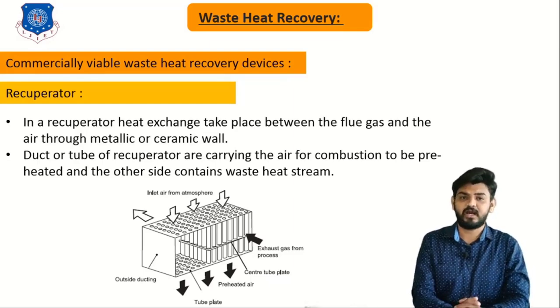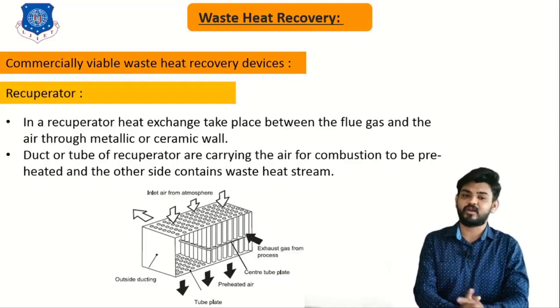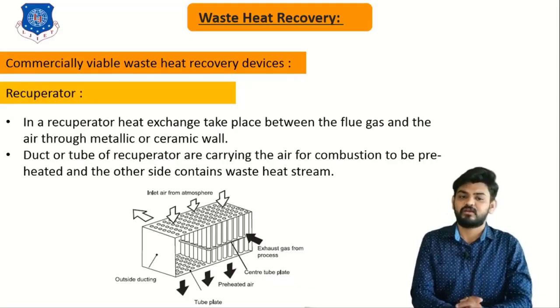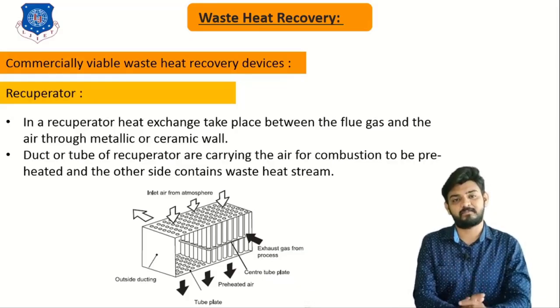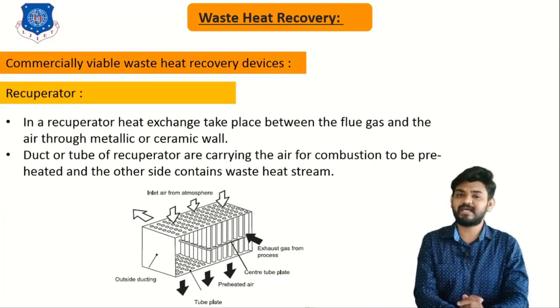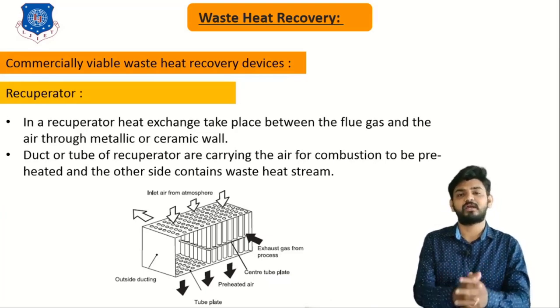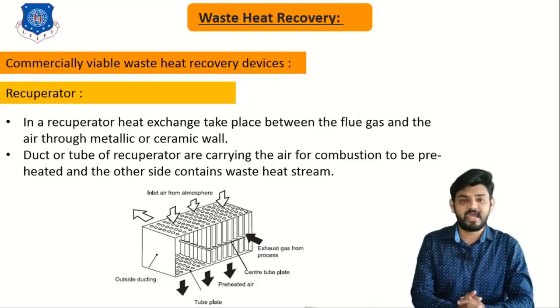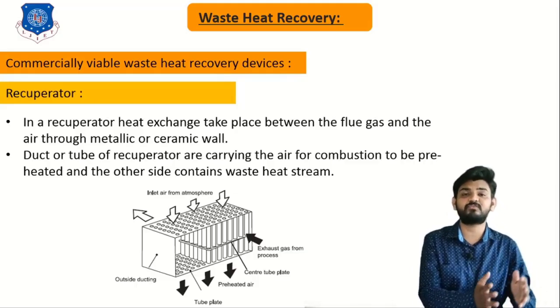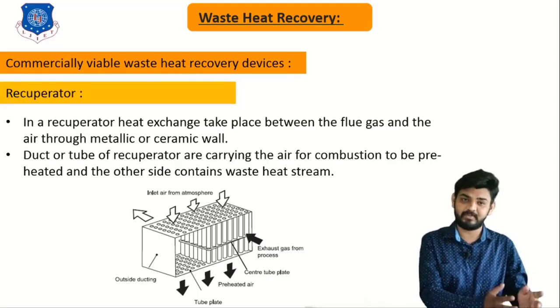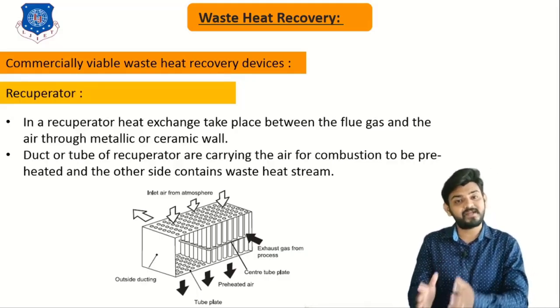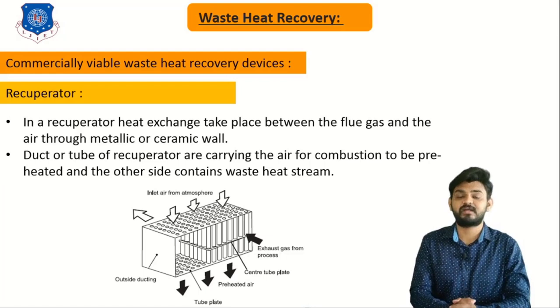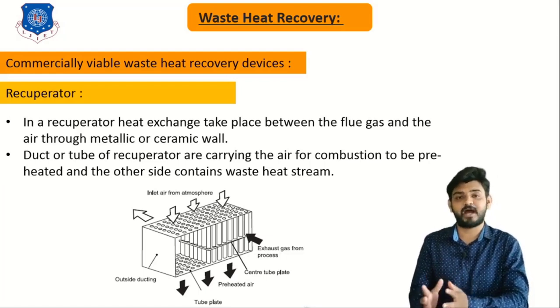The ducts and tubes of these recuperators carry the air for combustion to be preheated, and the other side contains the waste heat stream. So there are two sides of the wall in such a system. On one side, they carry air that needs to be preheated for some useful purpose such as combustion. On the other side, they carry hot fluid such as waste heat from the plant.